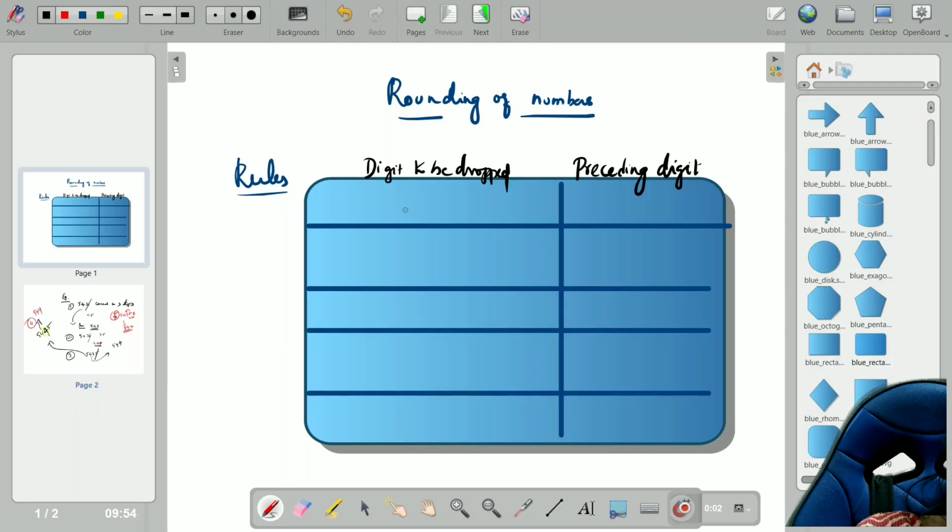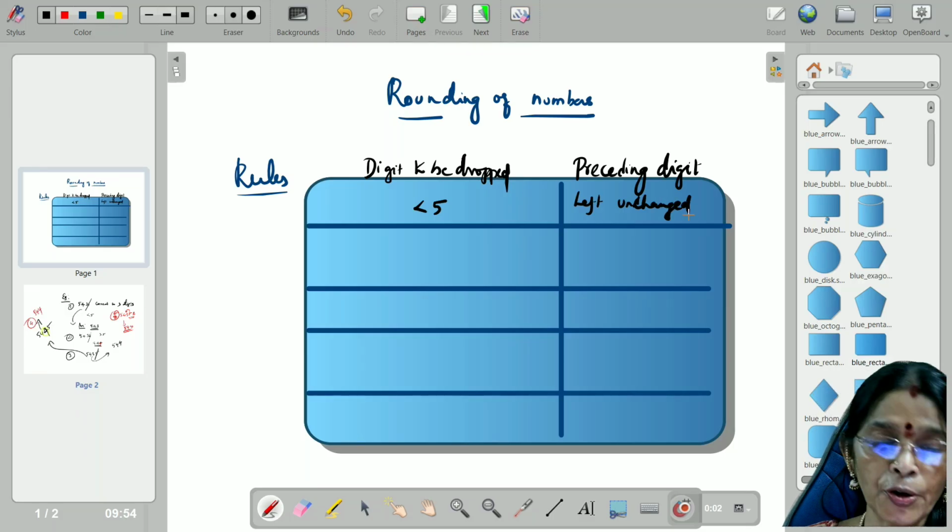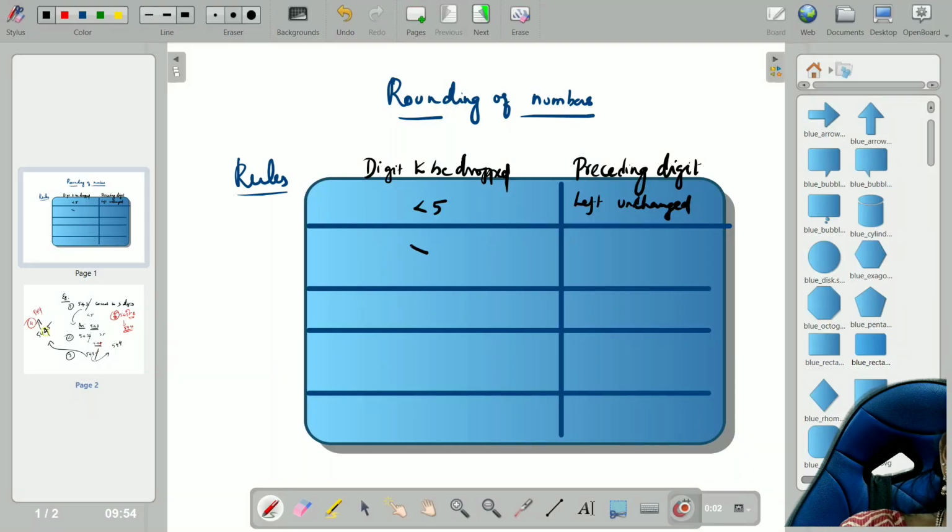If the digit to be dropped is less than 5, then the preceding digit is left unchanged. Hope you are able to see the font size, children. If the digit to be dropped is greater than 5, then the preceding digit is increased by 1.